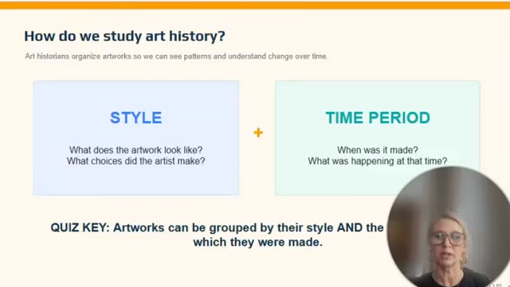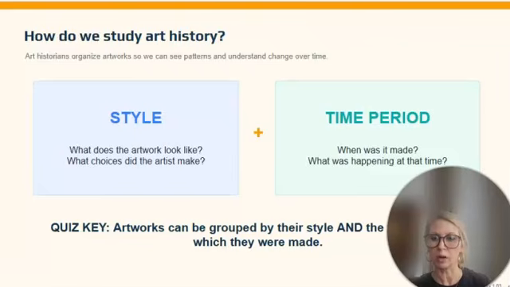Artwork is similar in that way. There are thousands and thousands of artworks in the world, so art historians need to organize them. One important way they do this is by grouping artworks according to their style and the time period in which they were made. So let me say that again. Artworks can be grouped by their style and by the time period in which they were made. For example, artworks created during the Renaissance often shared certain characteristics.